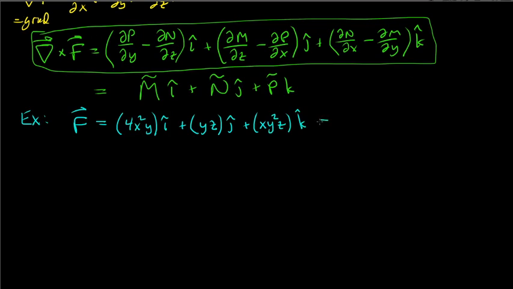So that's my M, N, and P respectively. Maybe just to make it clear, let's do them vertically: M i plus N j plus P k. And the question is just: find the curl.